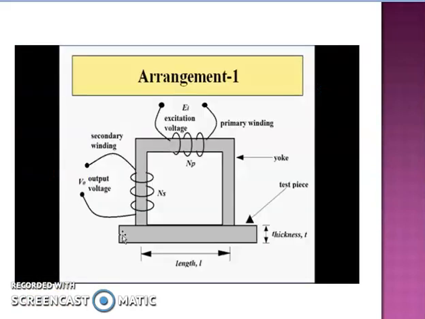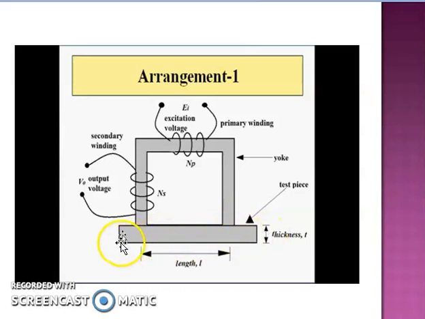And there are mainly two types of arrangement. The first arrangement is the C-shaped yoke. Here the primary winding and secondary winding are connected across it. NP is the number of turns of the primary winding and NS is the number of turns of the secondary coil. We provide our excitation voltage EA across the primary winding NP and the output V0 is taken across the secondary winding.